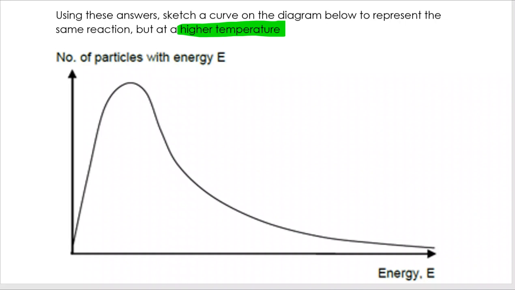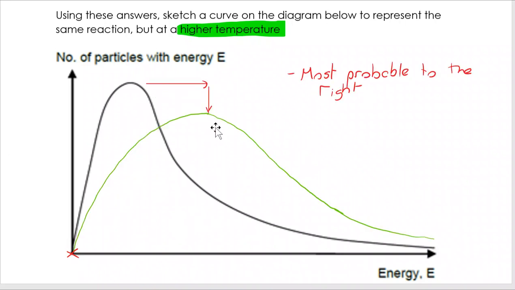So at a higher temperature, what do we know? Well, we know that my line is going to pass through the origin because no particles have no energy. But actually, we also know that the peak is going to shift to the right. We'll deal with most probable energy. Now, it is going to shift to the right, but it's also going to shift down.